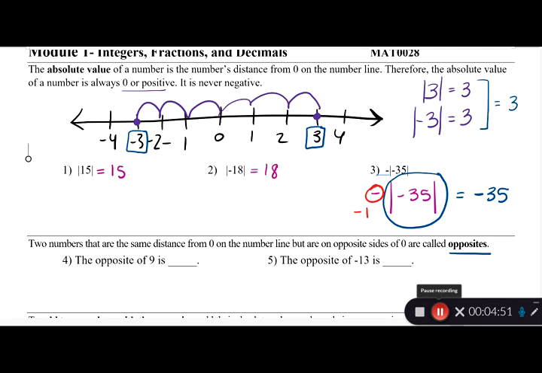They were the same distance from 0, but they're on opposite sides of the 0. One was positive, one was negative. They are called opposites of each other. So using this line of thought, the opposite of 9 is -9. And the opposite of -13 would be 13.